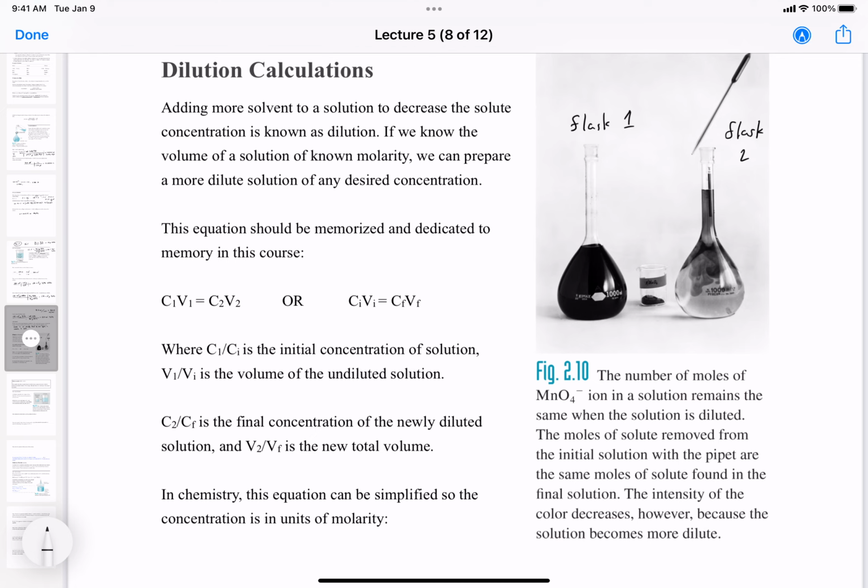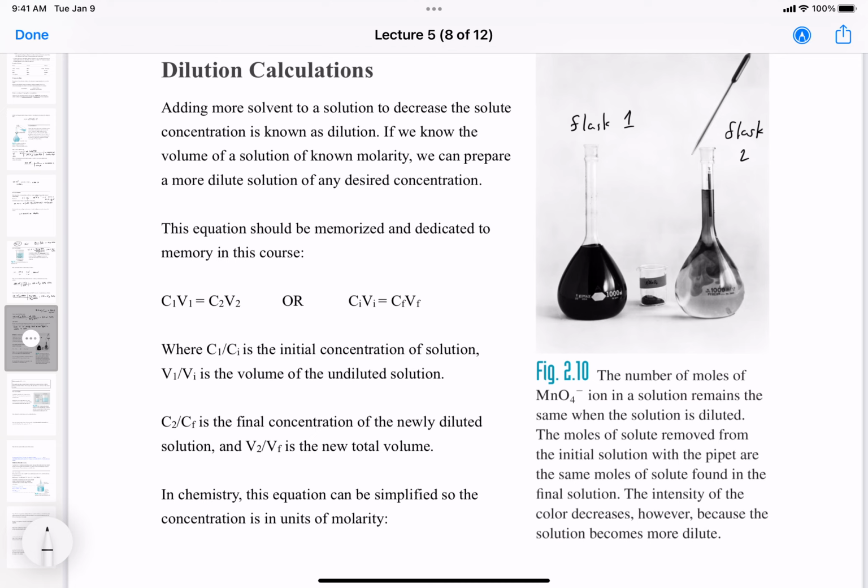If we try to increase the concentration by evaporating something, it's hard to control the volume because you can't control the speed of evaporation with precision or accuracy. But we can dilute things pretty easily because we just take a known amount of the first solution in flask 1, add it to a second flask, and dilute that to a new volume. Those are factors we can control easily.